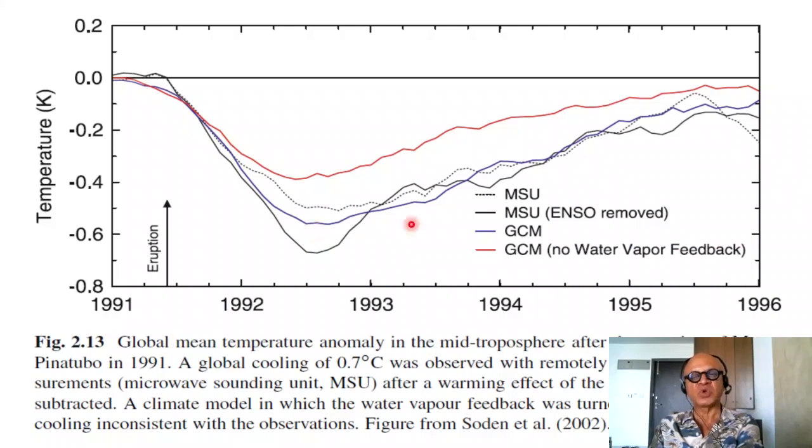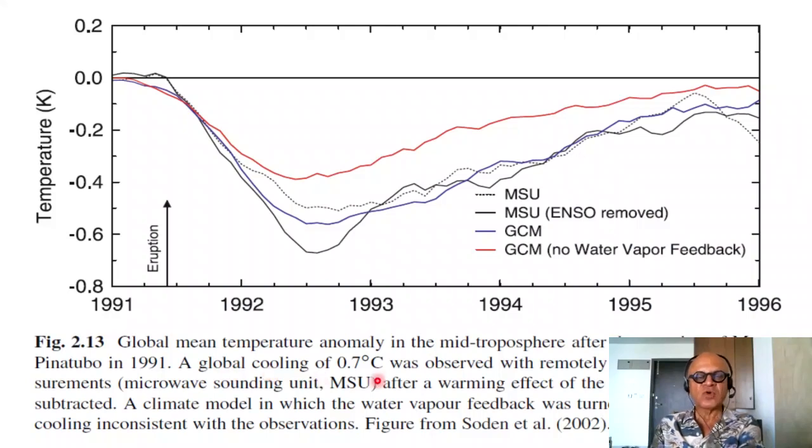The rest is much more complicated. So here are various estimates of satellite data and climate models for volcanic feedback on temperatures. So global mean temperature anomaly in the mid-troposphere at around, let's say, 500 hectopascal after the eruption of Mount Pinatubo in 1991, which was one of the biggest ones in the 20th century.